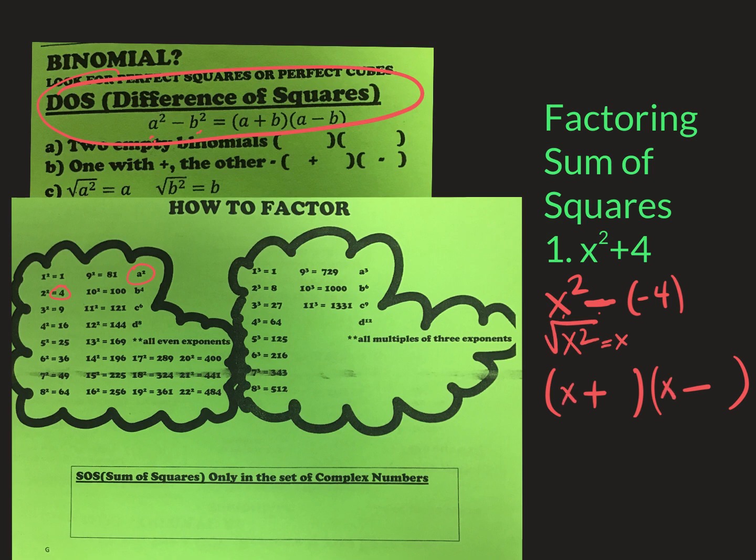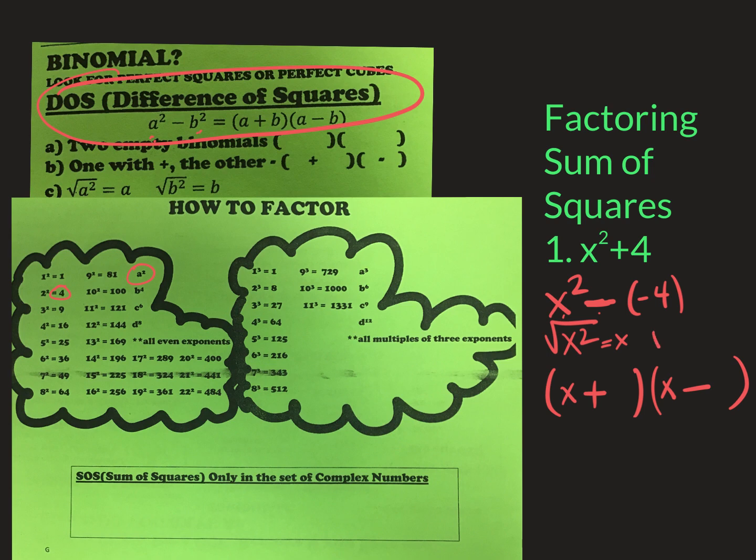And this work that I'm showing right here, I do expect to see. You don't have to put equals x, that's fine, because the square root of x squared, that answer goes in the first spot. But the work that I show here, I expect to see when you're factoring difference of squares, sum and difference of cubes. Taking the square root and the cube root is work that I expect to see on your paper, so please be sure to write that down.